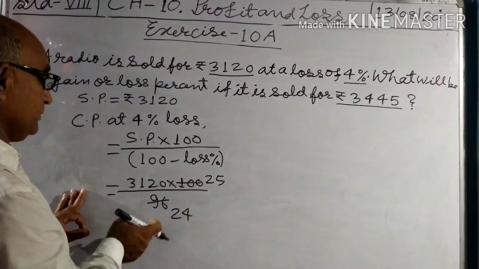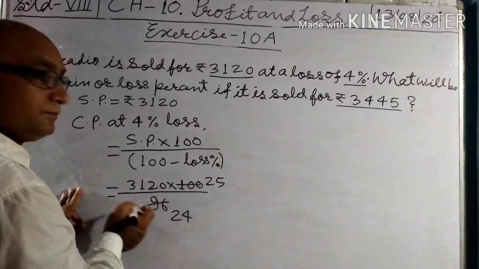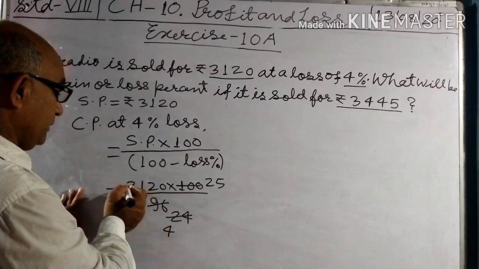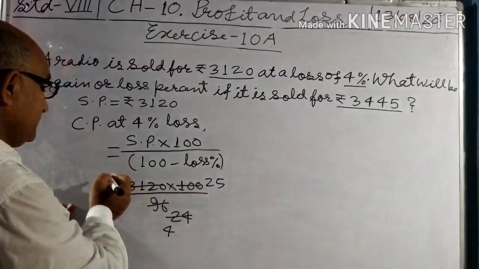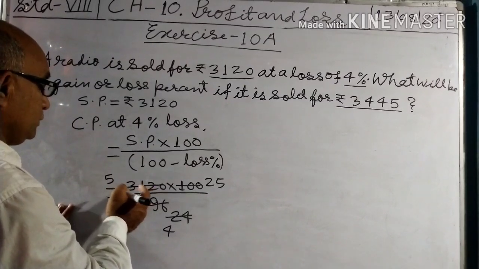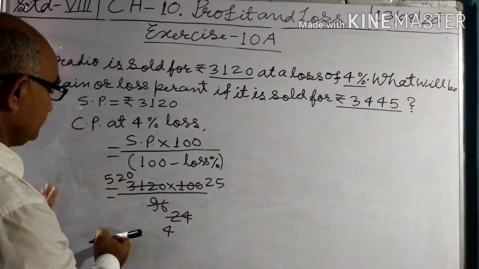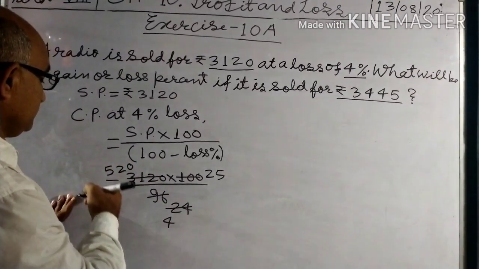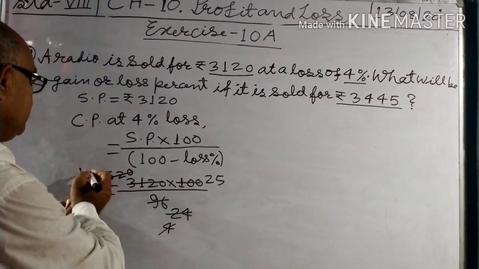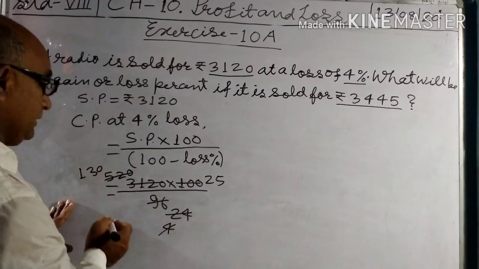3,120 divided by 24. First of all divide by 6. 6 fours are 24, so it is also divided by 6. 6 fives are 30, 1 2. 6 twos are 12, 0. And 4 times 13, 13 fours are 52, 130.